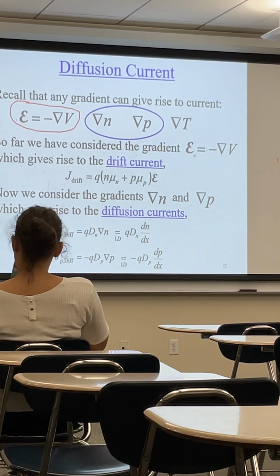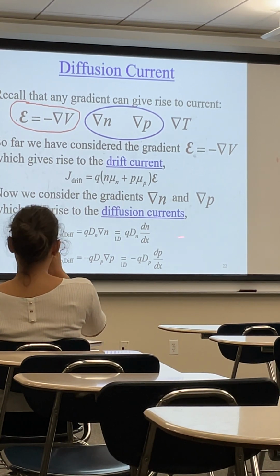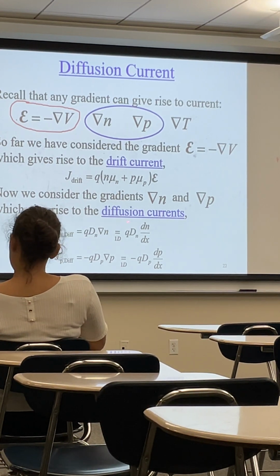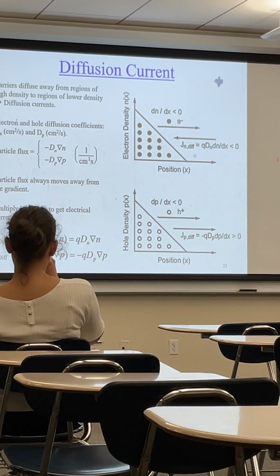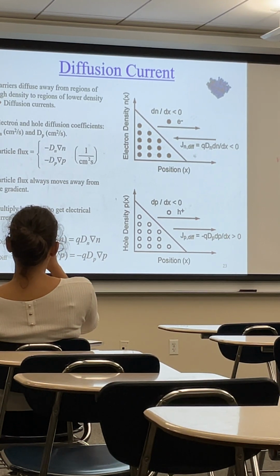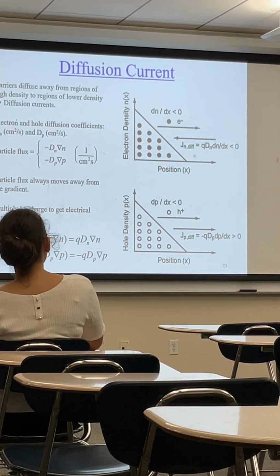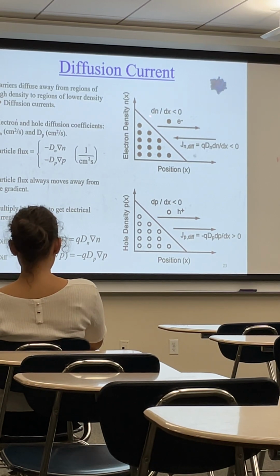And here, for simplicity, we just assume a 1D case, along the x direction. For diffusion current, we are thinking about if there's a concentration gradient.